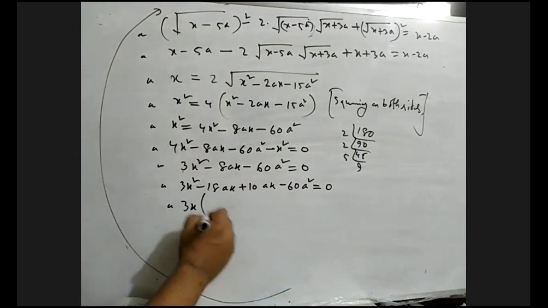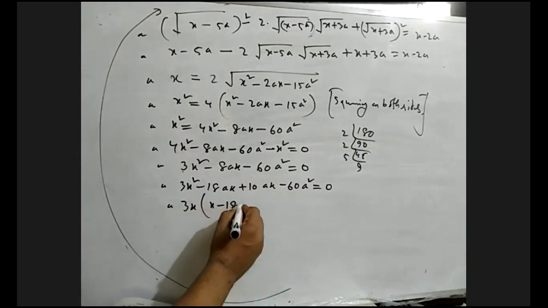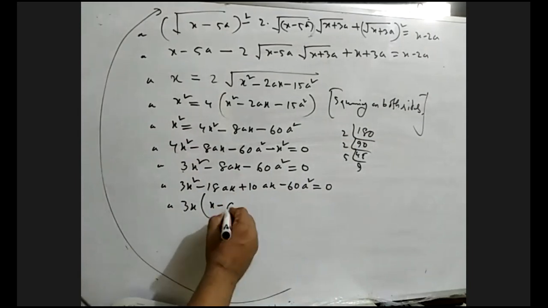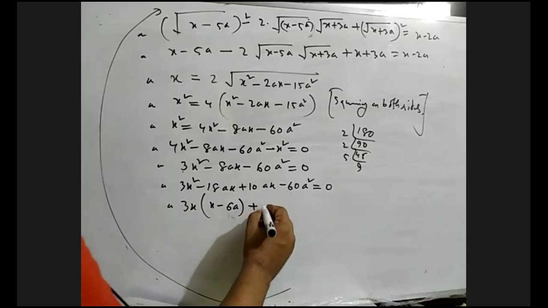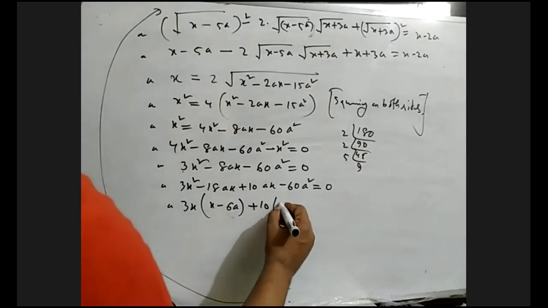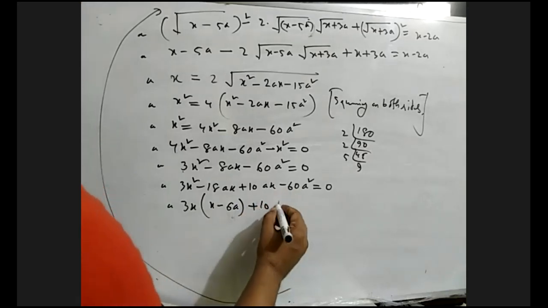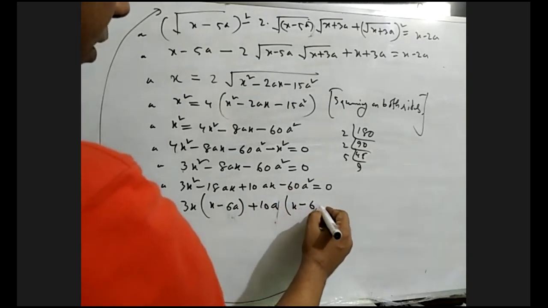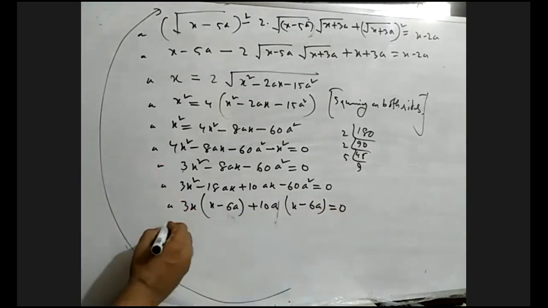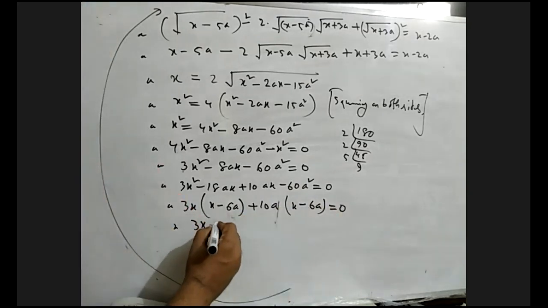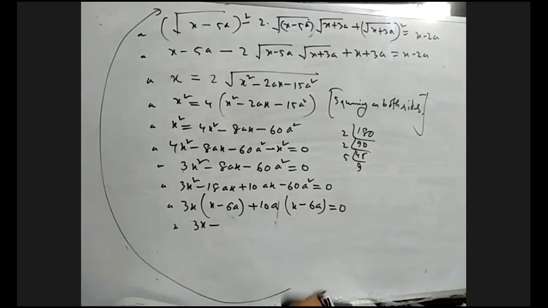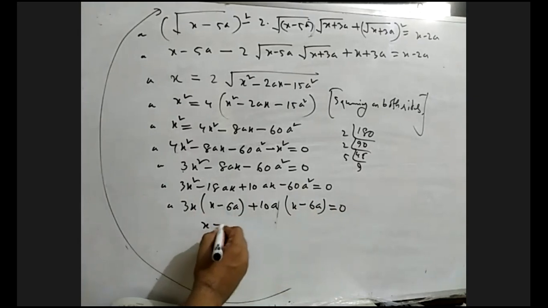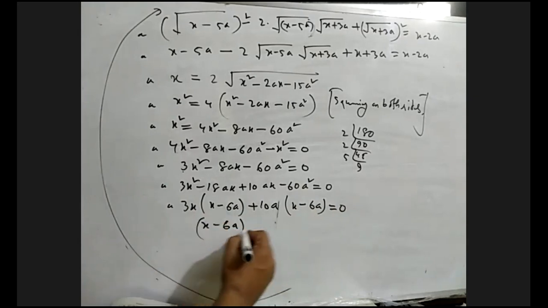So thrice x will be common, x minus 6a. Okay, 10a will be common. So x minus 6a will be again common.